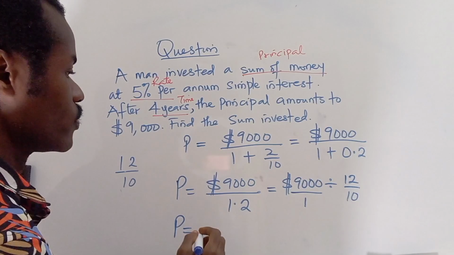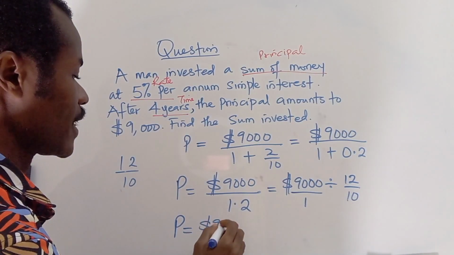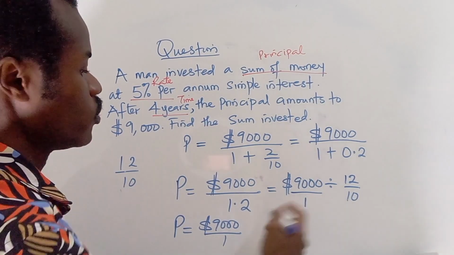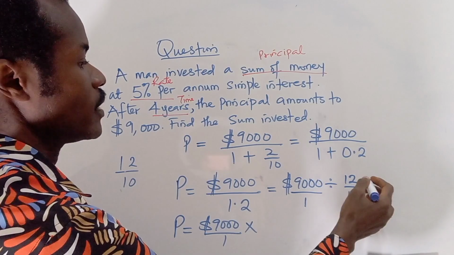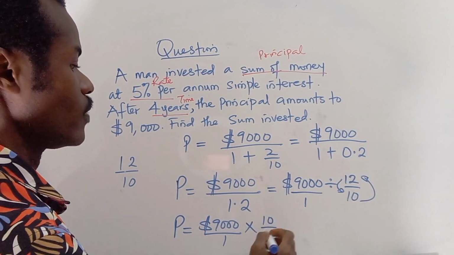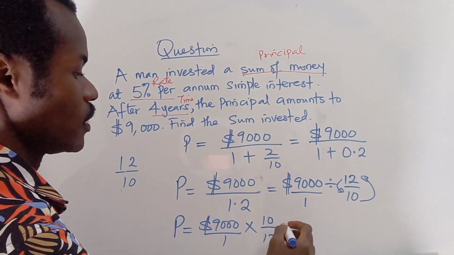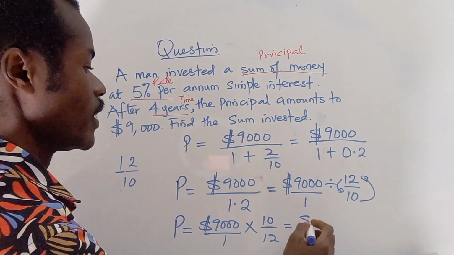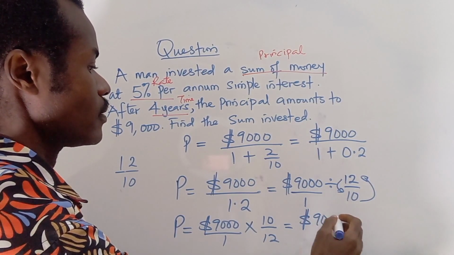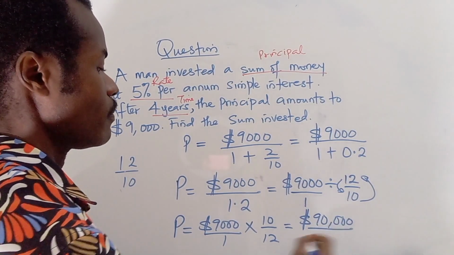My principal is $9,000 over 1, divided by 12 over 10. This is going to change to multiplication: we rotate this and bring it down, so we have 10 over 12. If we multiply, we have $90,000 divided by 12.